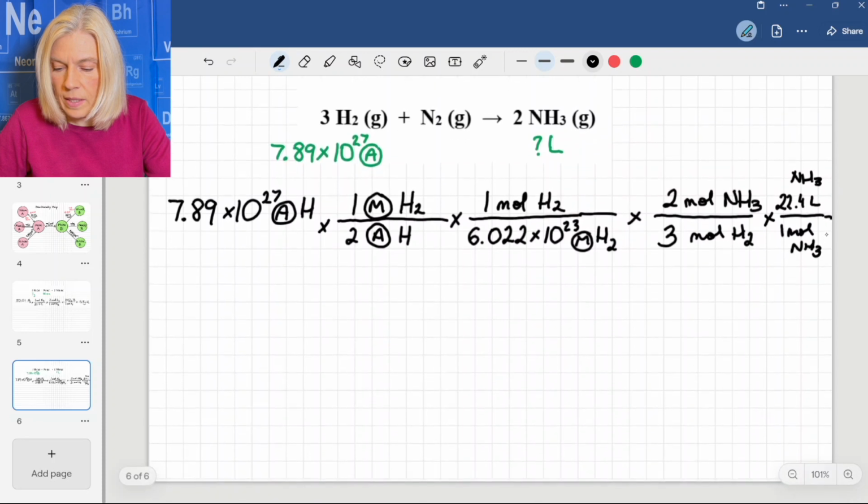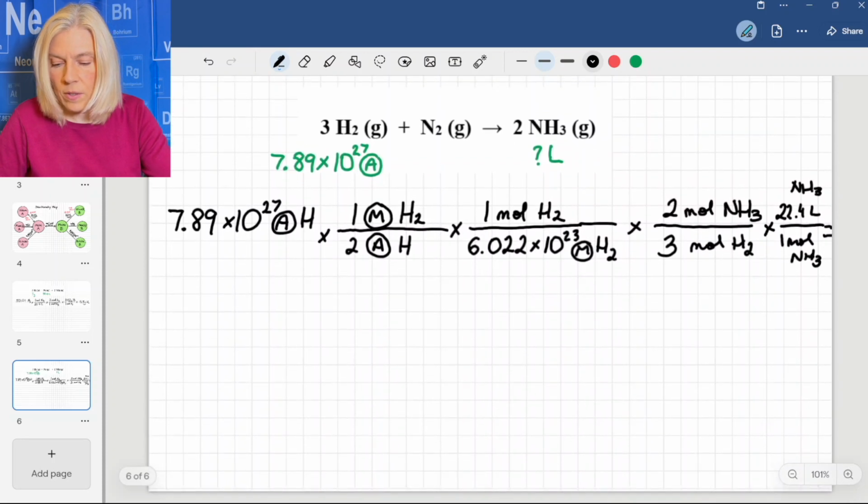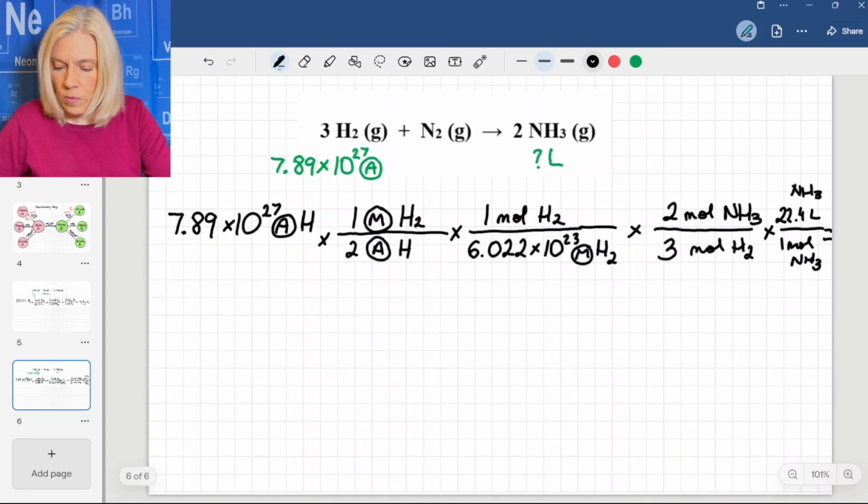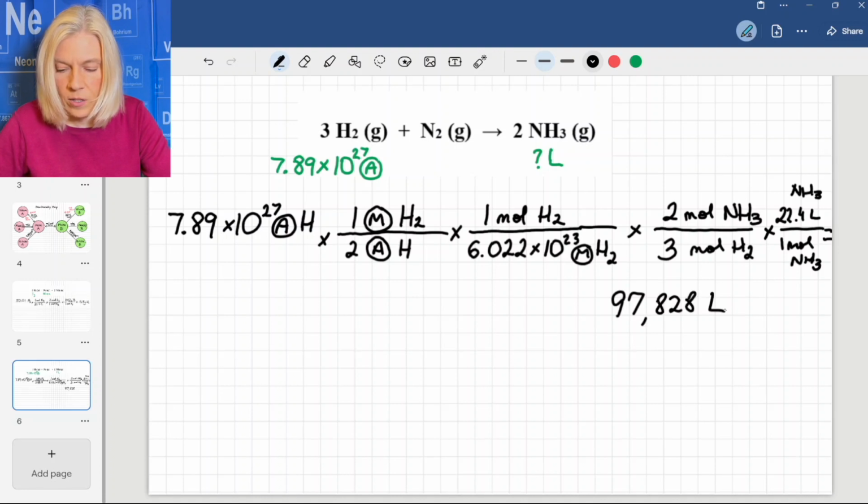And plug this into a calculator. What do we get? If you plug this into a calculator, we're going to have 97,828 liters. That's a lot, but we can only use 3 sig figs.